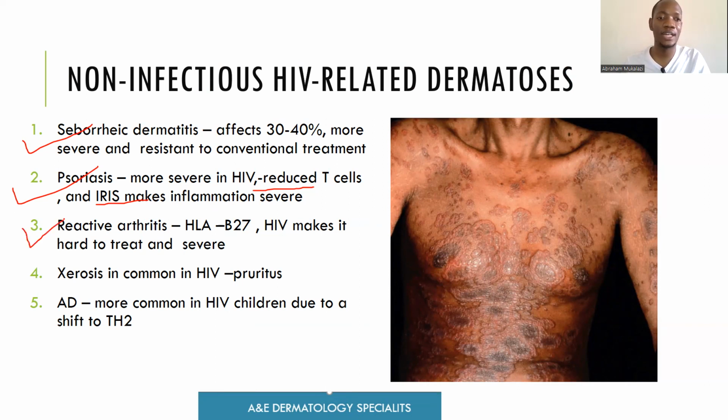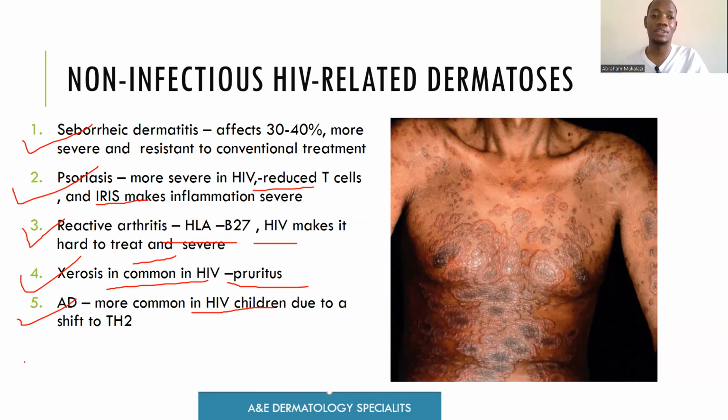Then you also have reactive arthritis, which is commonly seen in people with human leukocyte antigen B27. HIV makes it severe and very hard to treat. Xerosis is another common dermatosis in people living with HIV, presenting primarily with itching of the skin. Then atopic dermatitis is also more common in HIV children.